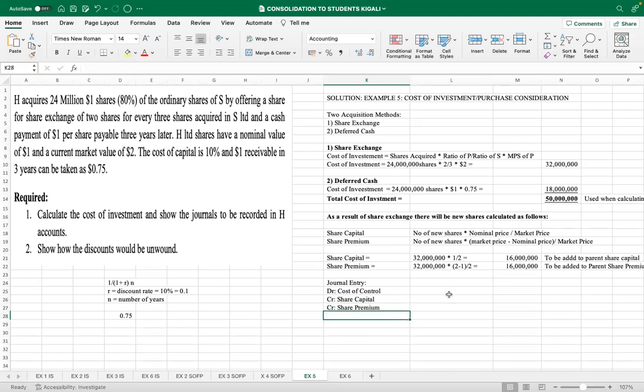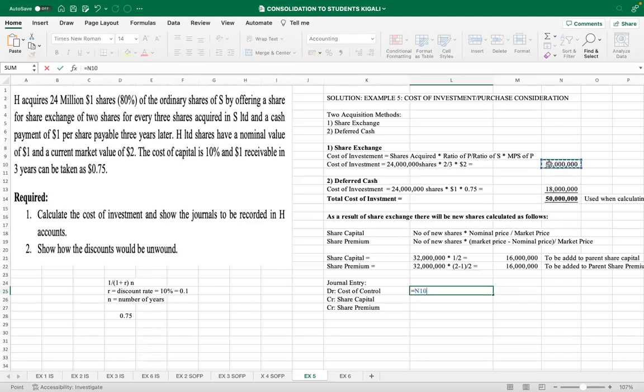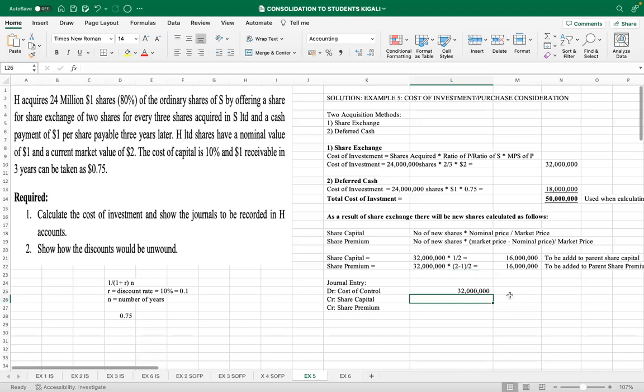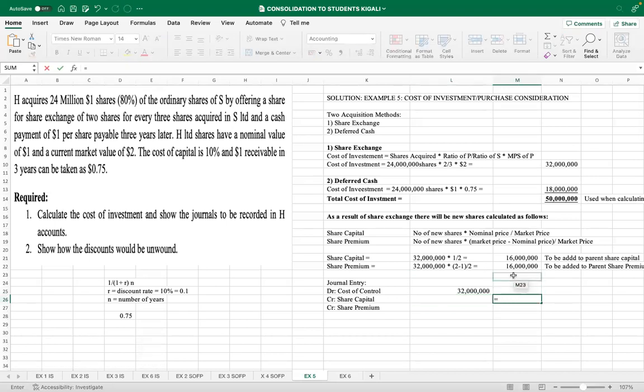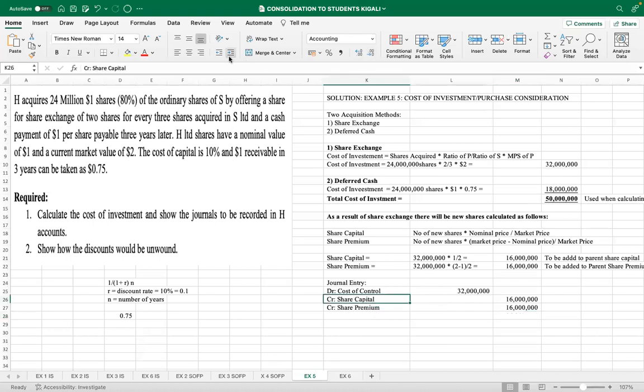If you've been asked for double entry, that is what you do. Cost of control is that, and what we credit is this 16 and that 16. You know your capital has increased. Increase in capital is credited. For the double entry or journal entry, whatever terminology the examiner uses, debit cost of control, 32 million, and credit 16 and credit 16. So that is the journal entry.